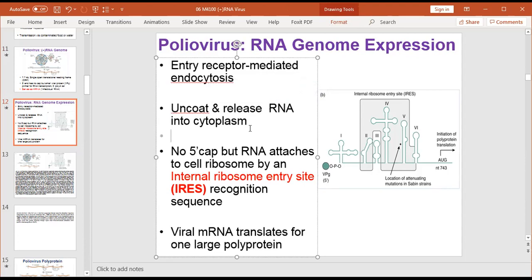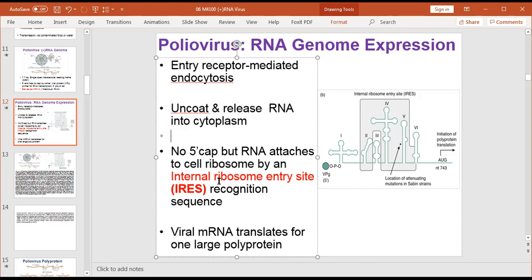As we just mentioned in the previous slide, the poliovirus genome does not contain a 5' cap. However, RNA attaches to the host cell ribosome by a recognition sequence called IRES, or internal ribosome entry site.